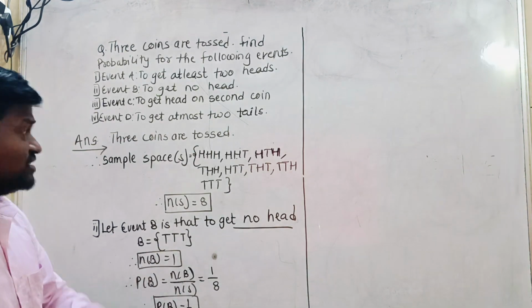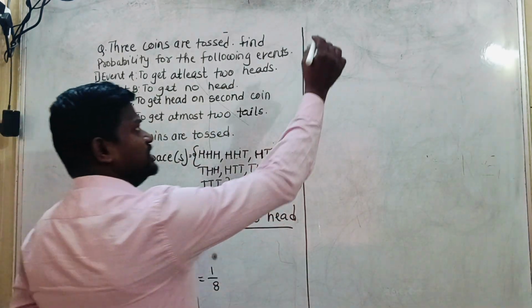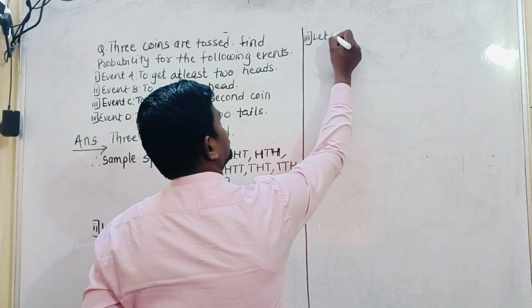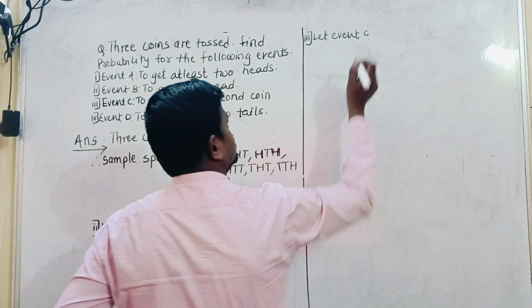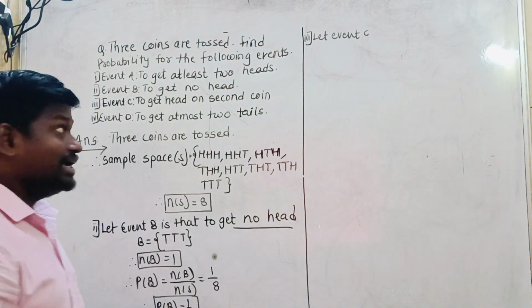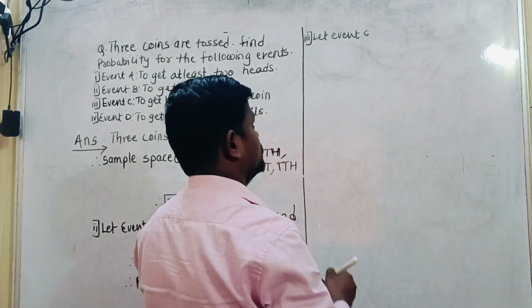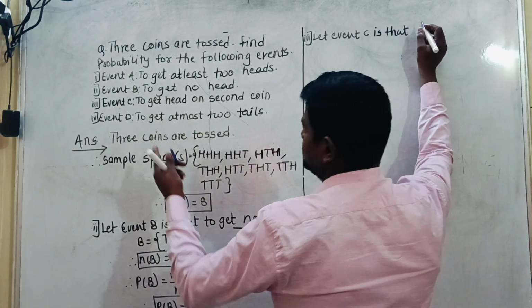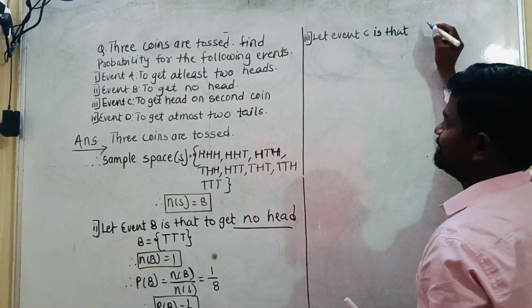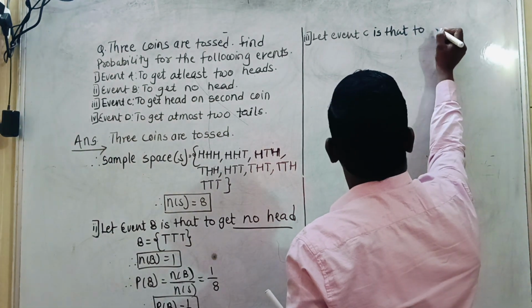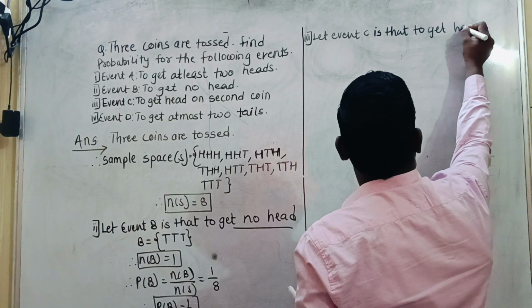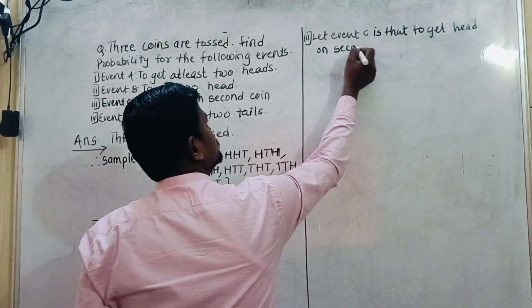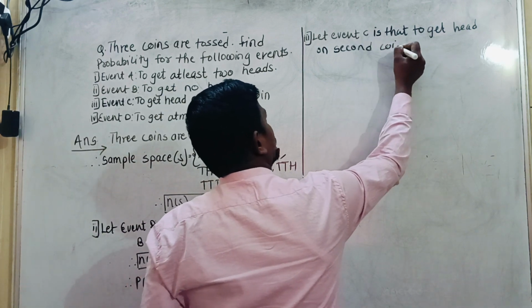So let's start with our next event C, number 3. Let event C be to get a head on the second coin.